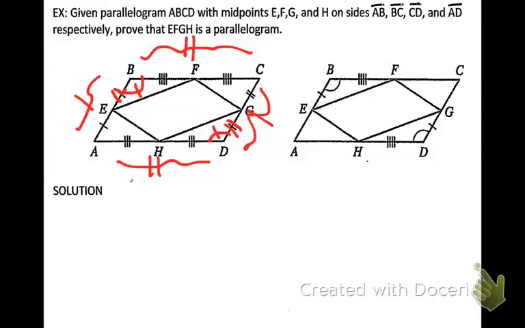So now those two are congruent, and likewise we could say that BF is congruent to HD, so we'll give these 4 marks. Right? So then how are the triangles BEF and DGH congruent? Are those triangles congruent?